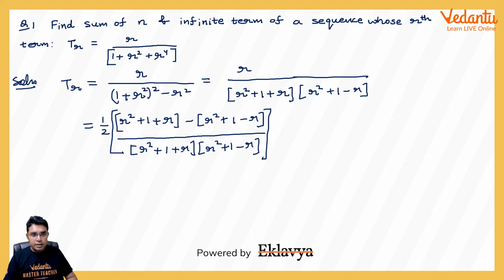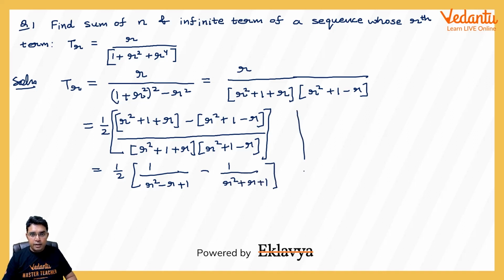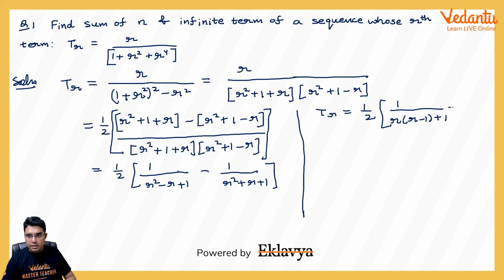So you can see this will now become equal to 1 upon 2 into, in that bracket, 1 upon r square minus r plus 1 minus 1 upon r square plus r plus 1. Let me write this tr once again here, and you will see it is 1 upon 2, and please notice it carefully. Here it is r into r minus 1 plus 1, whereas in the second term it is r plus 1 into r plus 1.